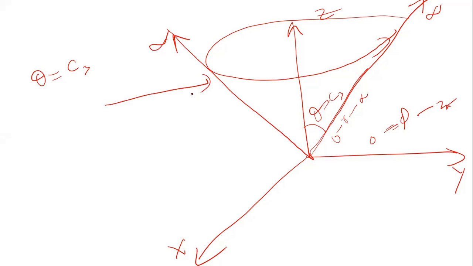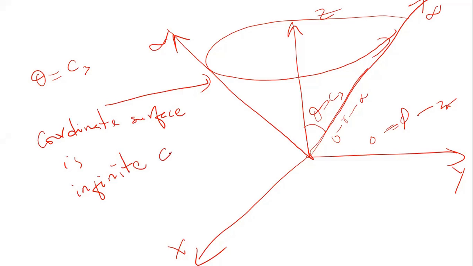So if you move this infinite line around the z-axis, you will get an infinite cone. So the coordinate surface corresponding to this is an infinite cone having its vertex at the origin.